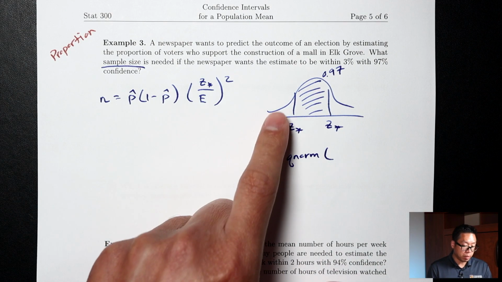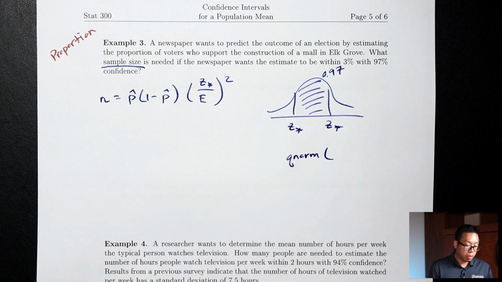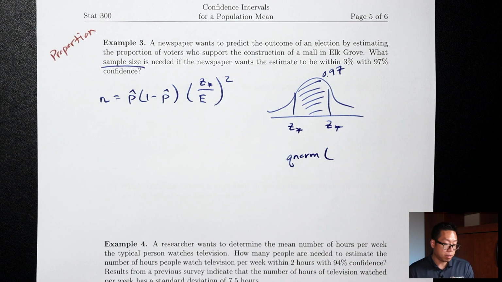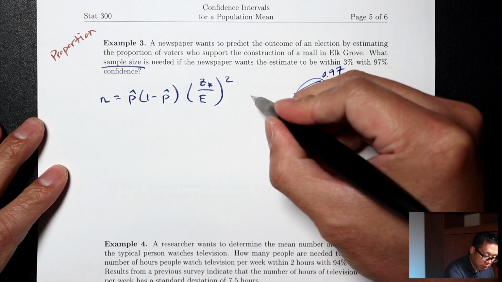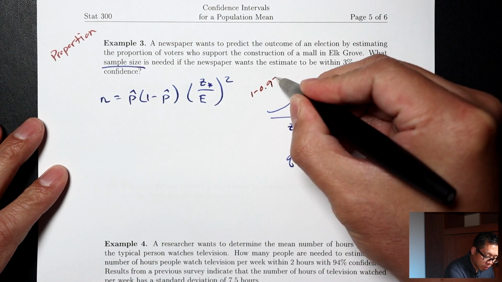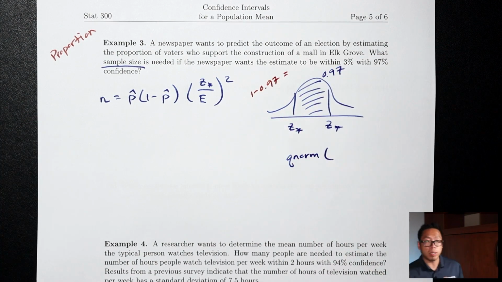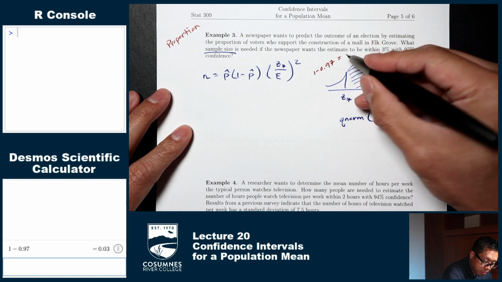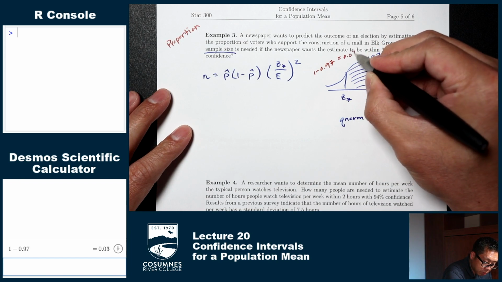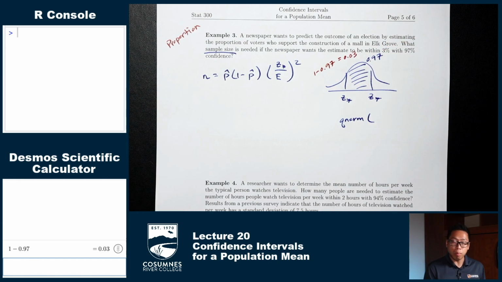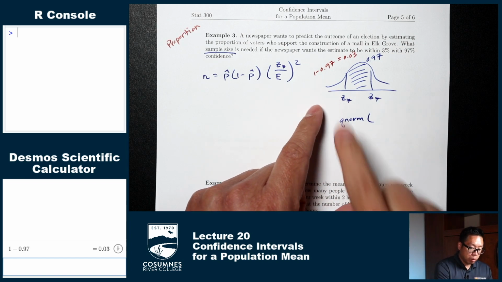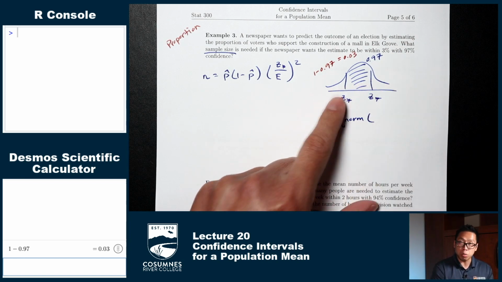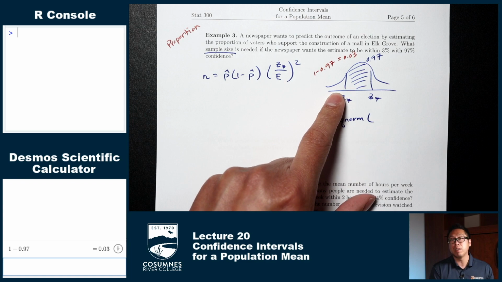Left area would mean the unshaded one on the left here. So to find the unshaded part on the left, I'm going to first do 1 minus 0.97, which is 0.03. Okay, so when you do 1 minus, you get the unshaded part, which is the left and the right together, but I just want the left. So if I just want the left, divided by 2.